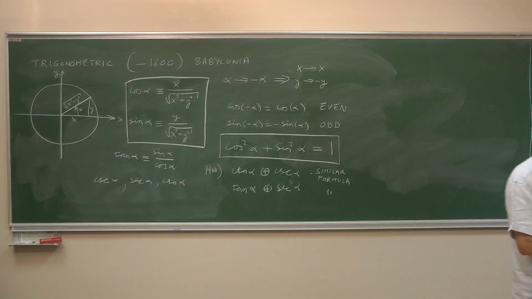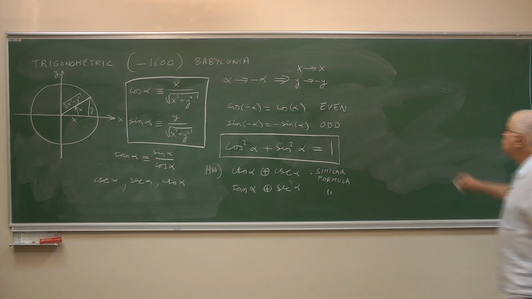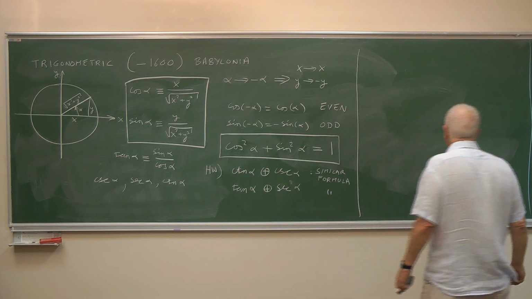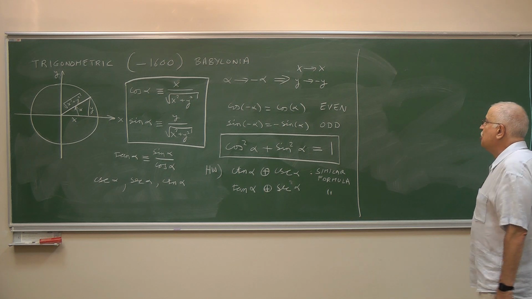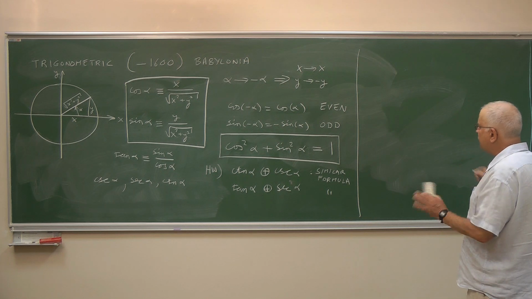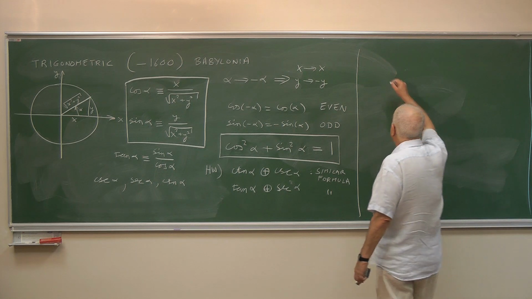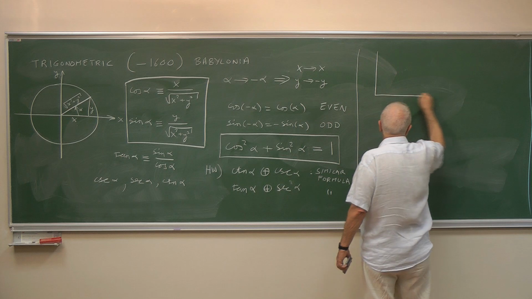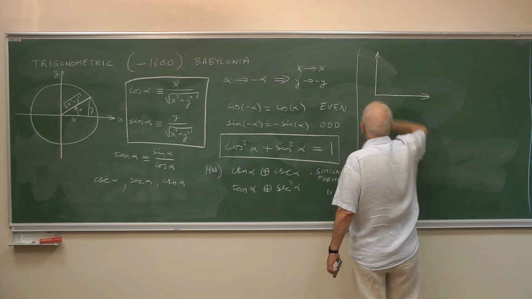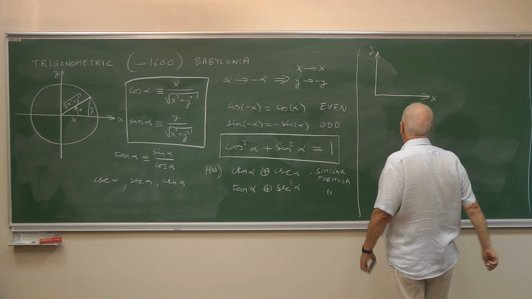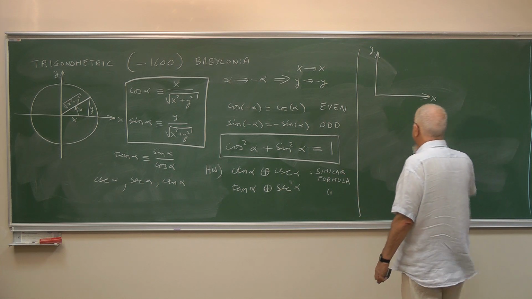Now, I will jump a little bit ahead and do something which we haven't covered in these lectures. I will talk a little bit about vector analysis. So this is my good old Cartesian coordinate system.